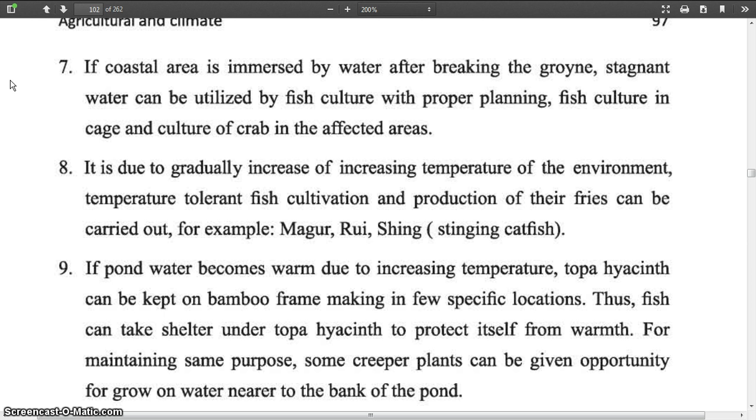With proper planning, fish culture in cage and culture of crab can be done in the affected area. This technique is very useful for culture of fish in the coastal area.